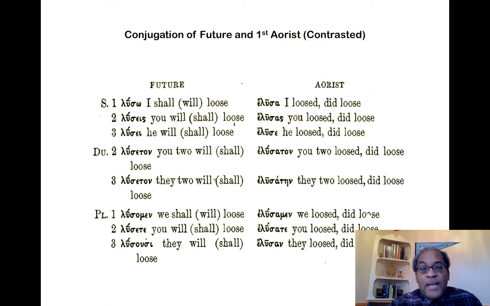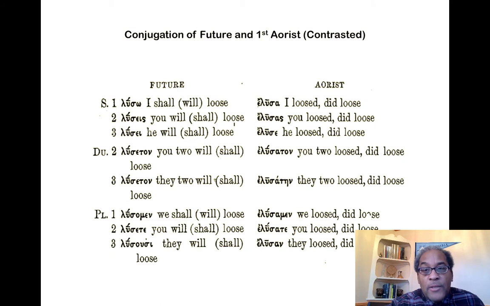So here we see side by side the future and the first aorist contrasted. You will see that both groups contain the central stem lambda, upsilon, sigma, but in the case of the future, you have added the personal endings of the present, o, es, a, omen, ete, use.